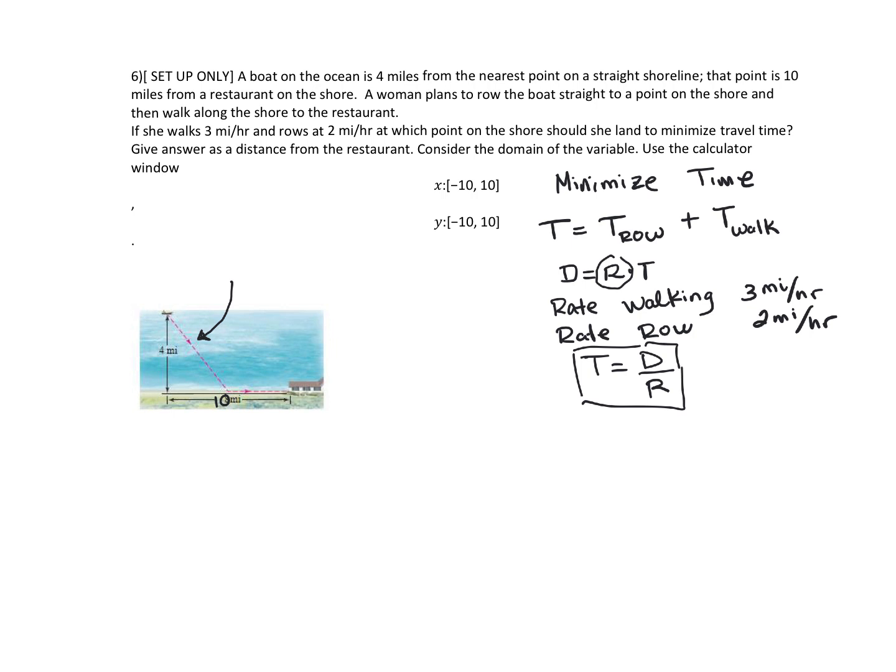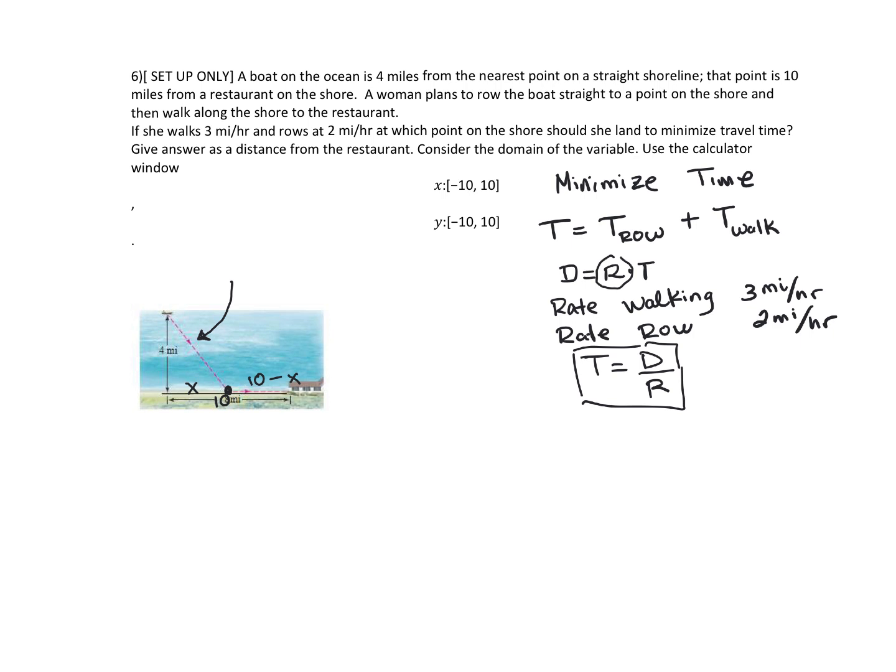Okay, so looking back at our picture, we don't know where this point is here. So I'm going to call this part x, and if the whole thing is 10, I'm going to call this piece 10 minus x. So it's pretty easy to see that our distance walking is 10 minus x.